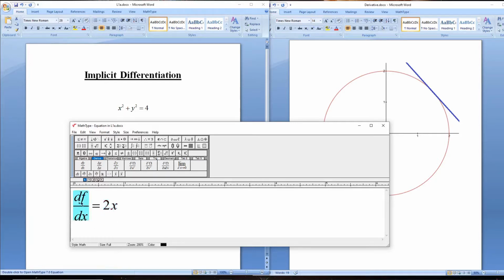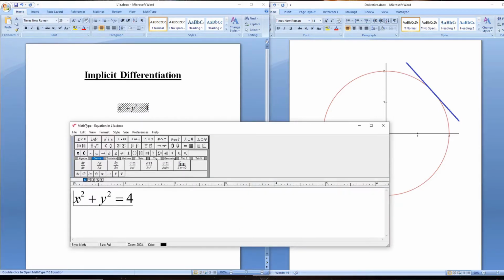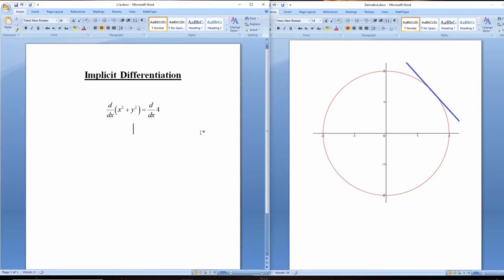So this is the symbol that tells us we have a derivative, and then this is actually the derivative. And we're going to do the same thing. We're going to take our circle, and we're going to take the derivative of both sides. And that's our first step.